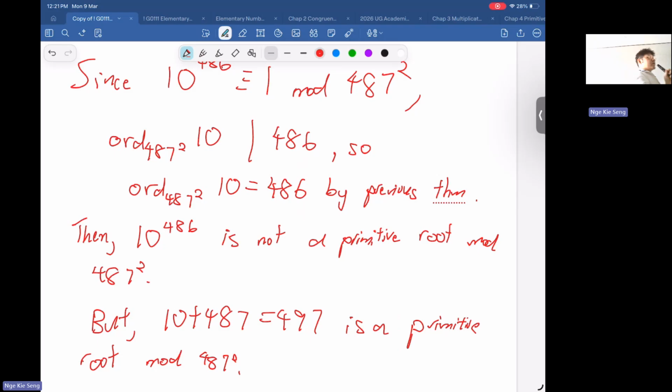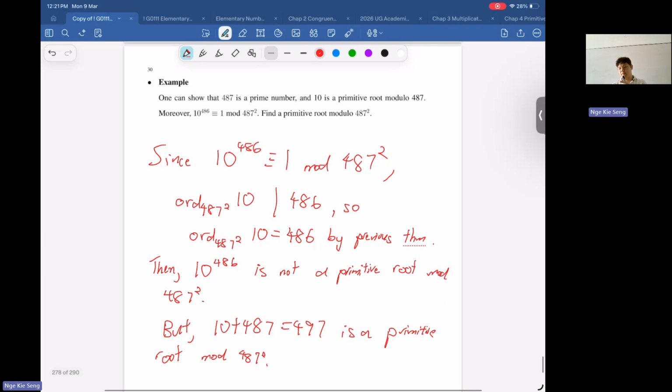So the story here is if a is not a primitive root mod p squared, then a plus p will be. Do you want to verify this? Maybe you can check this yourself. Kind of hard, very big number.